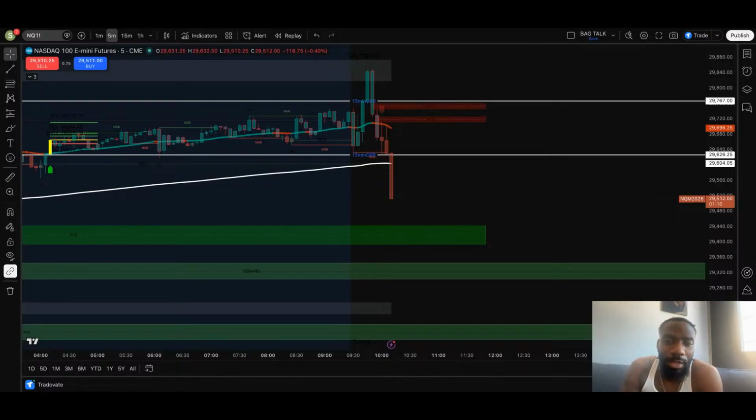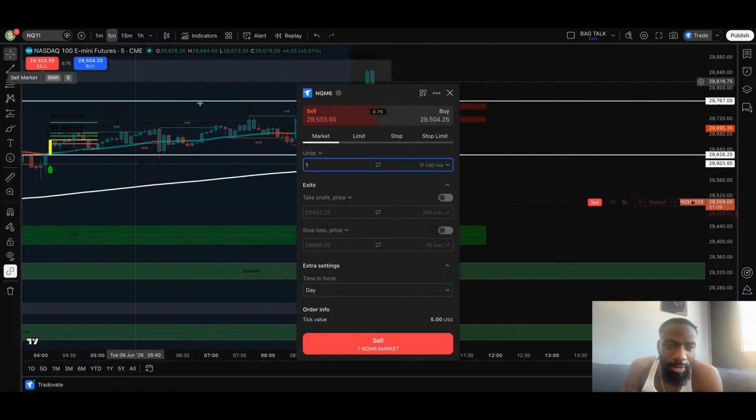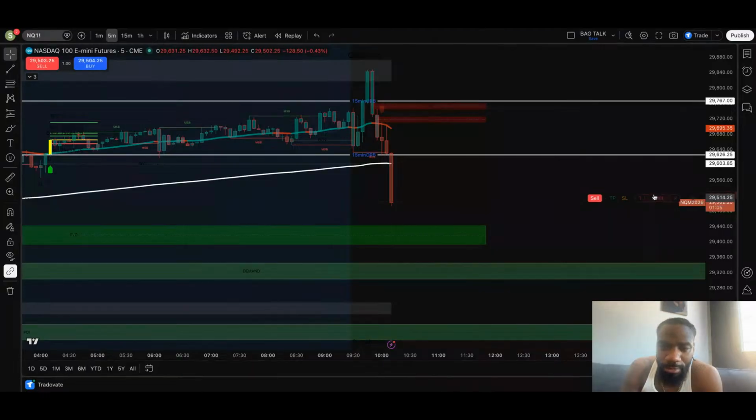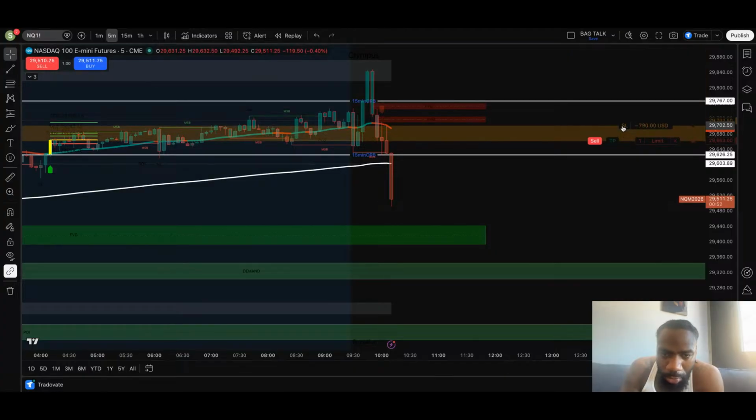Nah, I baited y'all. I baited. Hold up, I might have baited. Let's just say we wanted to enter off the second candle after this. It pulled back. See, that's a pullback right there, though. I don't like that.